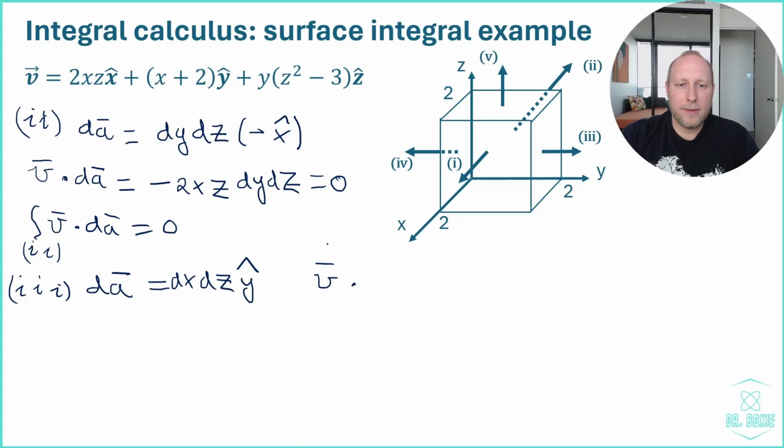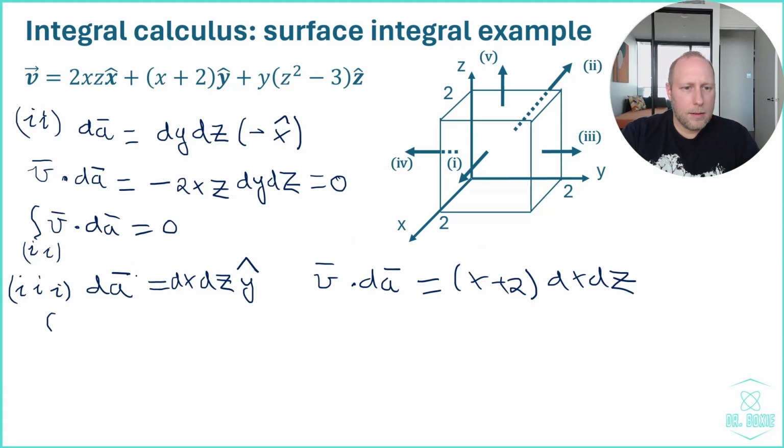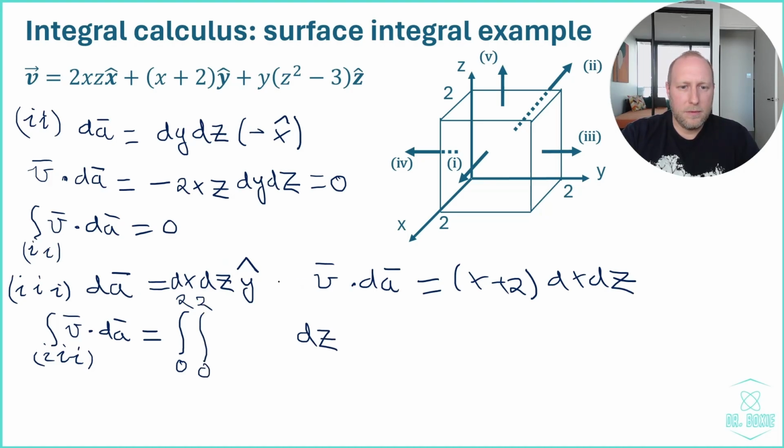In other words, v dot dA is the multiplication of their y components, which is x plus 2, multiplied with dx dz, such that the surface integral over surface number 3 is the double integral over x and over z. So this is the integral for z going from 0 to 2 of the integral from 0 to 2 of x plus 2.